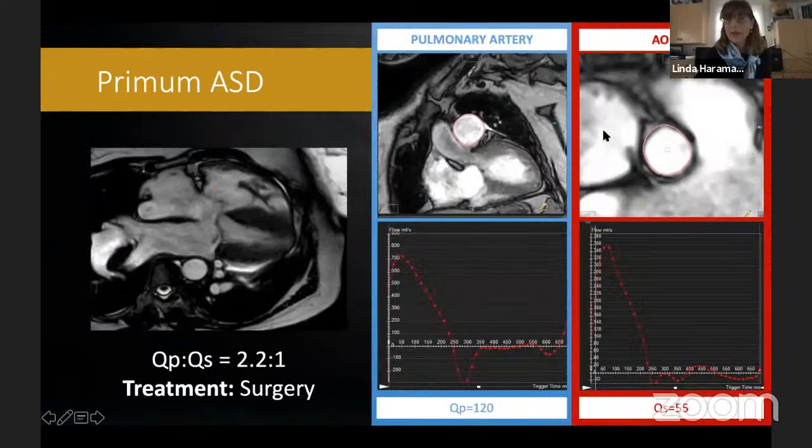When we evaluated the pulmonary and the aortic flow, we found a QP/QS of 2.2 to 1. So surgery was indicated, and the surgery for Primum ASD is usually patch closure. It can be sutured closed depending on the severity of the defect, but it's important to look for associated anomalies, including VSD, which in the setting of endocardial cushion defect would be a component of the same defect.